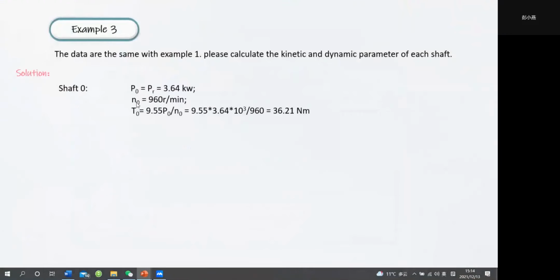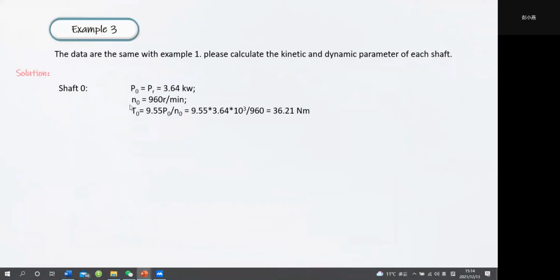N0 is the speed with full load of the motor. From the table, we can obtain the N0. We choose plan 2. For plan 2, the speed with full load is 916 revolutions per minute.